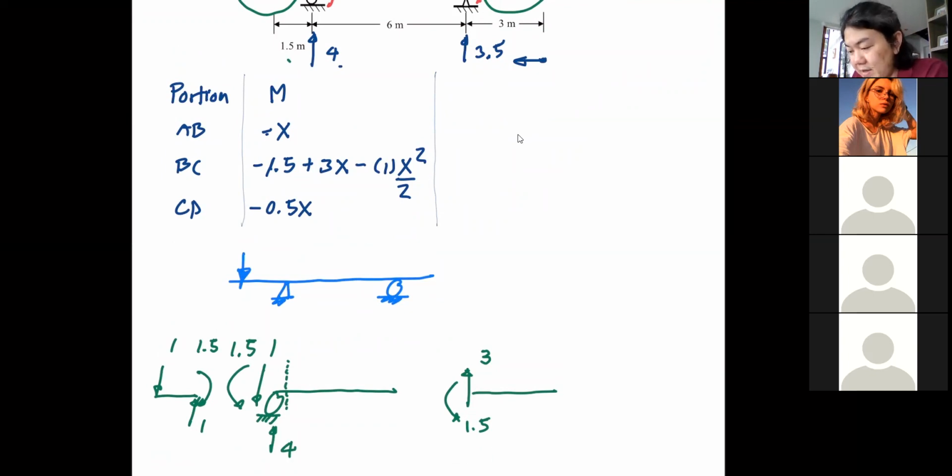I am applying the downward unit load here. So in the end, if I get the positive work, it means that my deflection is also downward, just like the unit load. Okay. And when I apply this, the reaction here is 5/4, and here is downward 1/4.